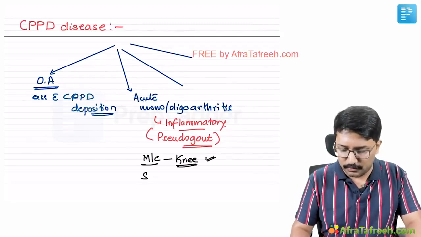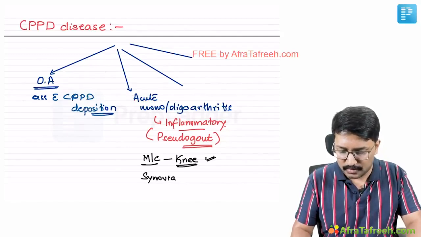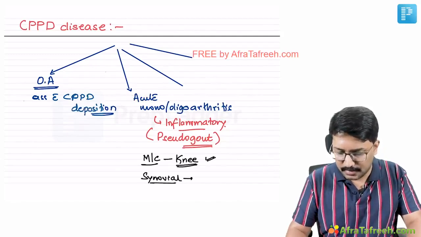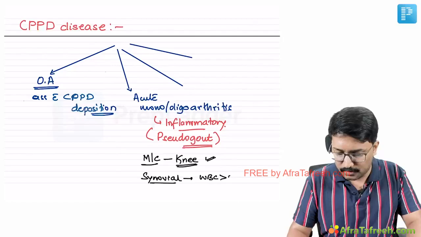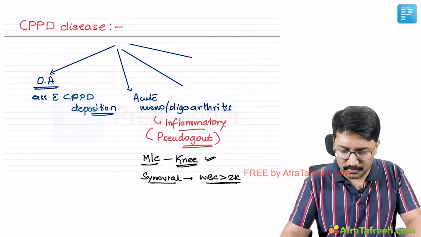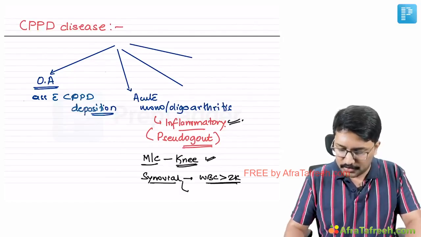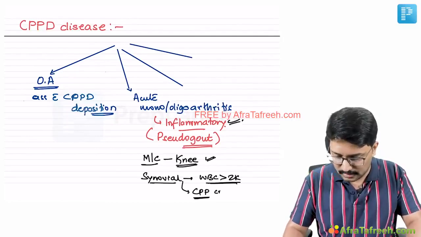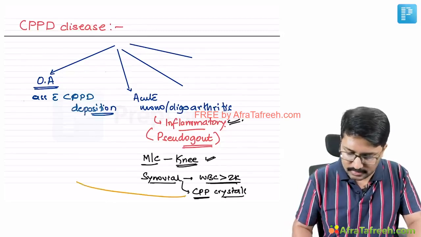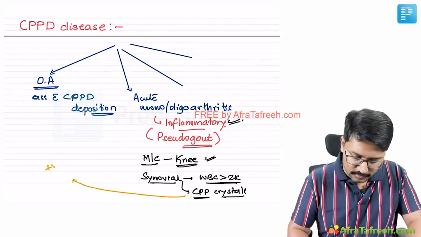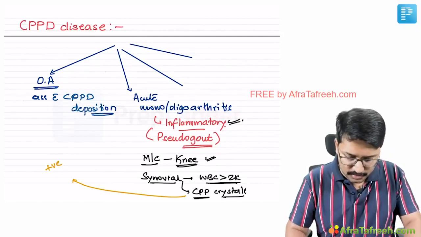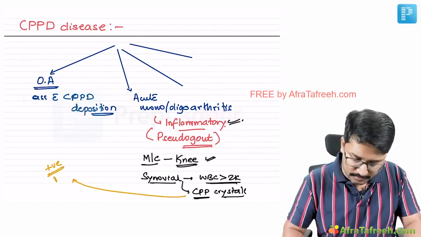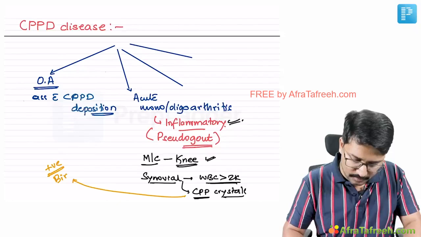And if you do the synovial fluid study in patients who presented with such a picture, it will definitely show a WBC count of more than 2K because this is also an inflammatory arthritis, but it will show CPPD crystals, calcium pyrophosphate crystals, which, as we have already discussed, are weakly positive birefringent crystals.